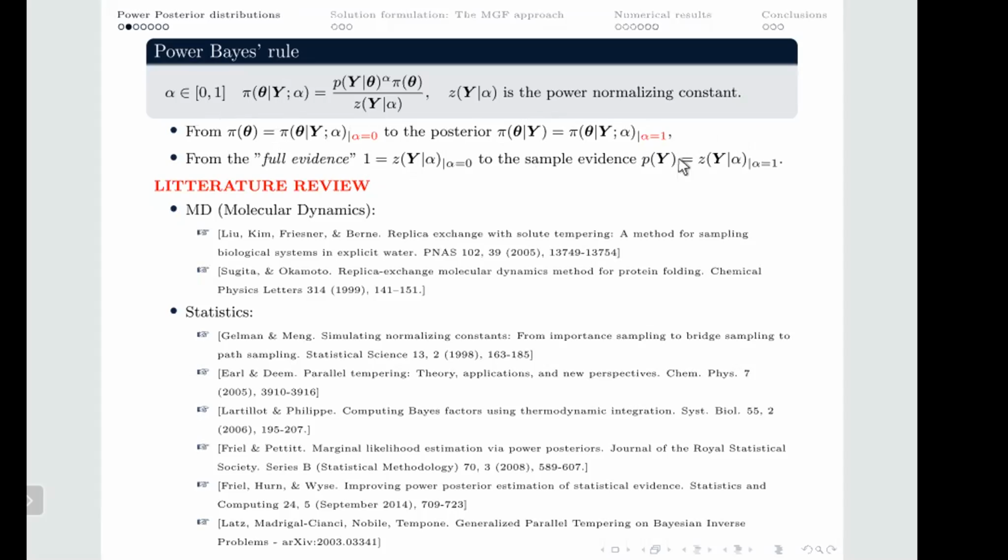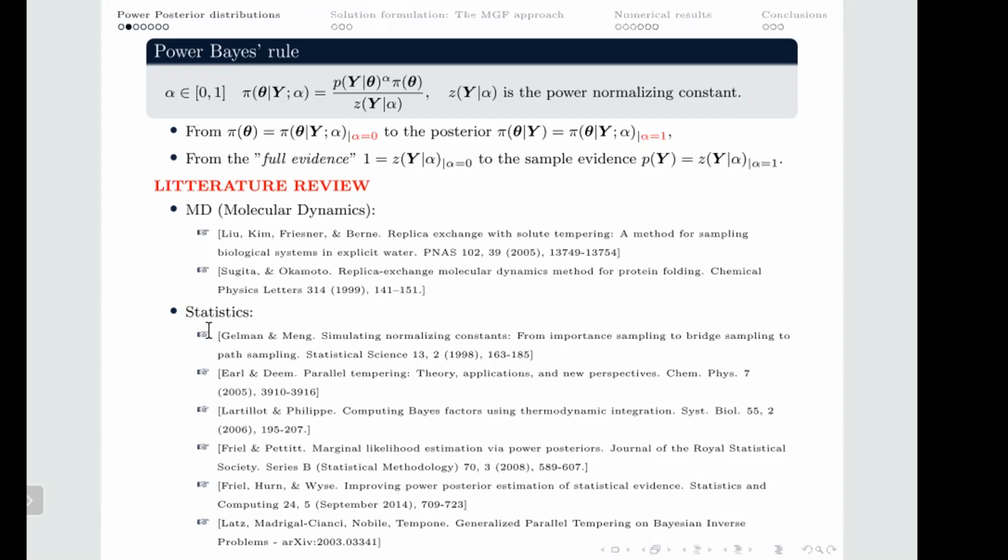So this approach has been around for a while, and it has different terminology depending on the community. In the molecular dynamics community, it is mostly called the replica exchange method. In statistics and computational mathematics, it is called parallel tempering. Here is a chronological list of references where the driving idea is the sampling construction.